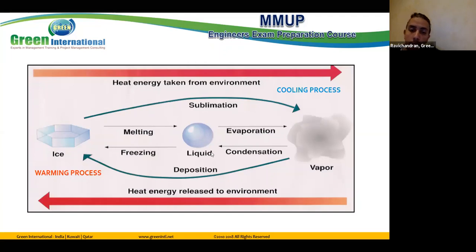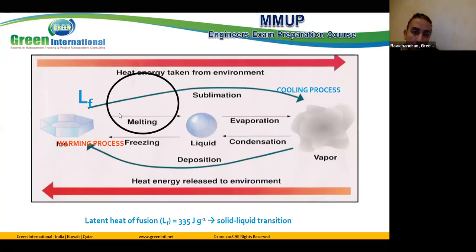From vapor to liquid, condensation. From liquid to ice, freezing. And directly from vapor to ice is deposition. The latent heat from ice to liquid is called the latent heat of fusion, and the other one, from liquid to vapor, is the latent heat of vaporization.